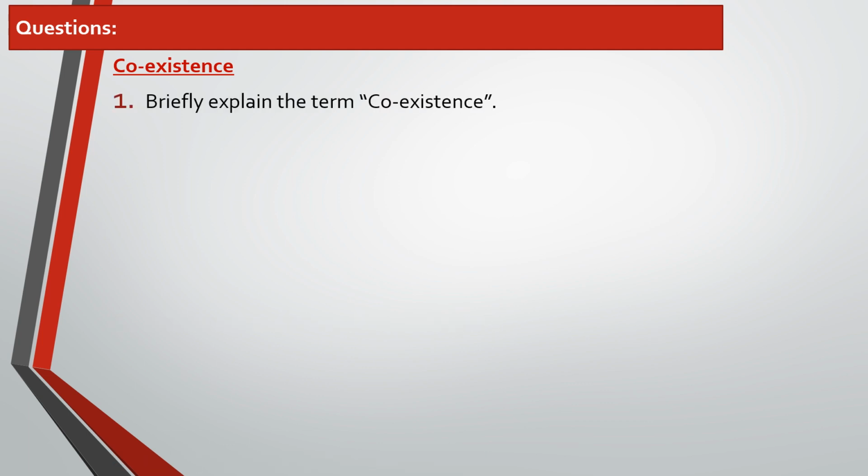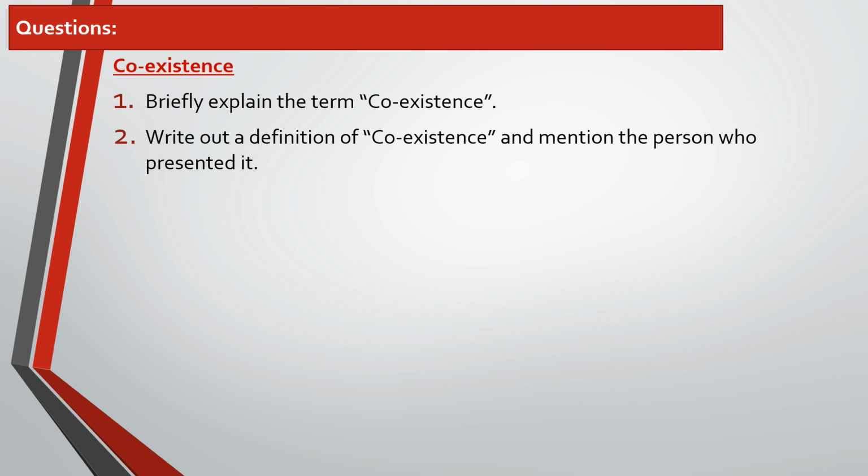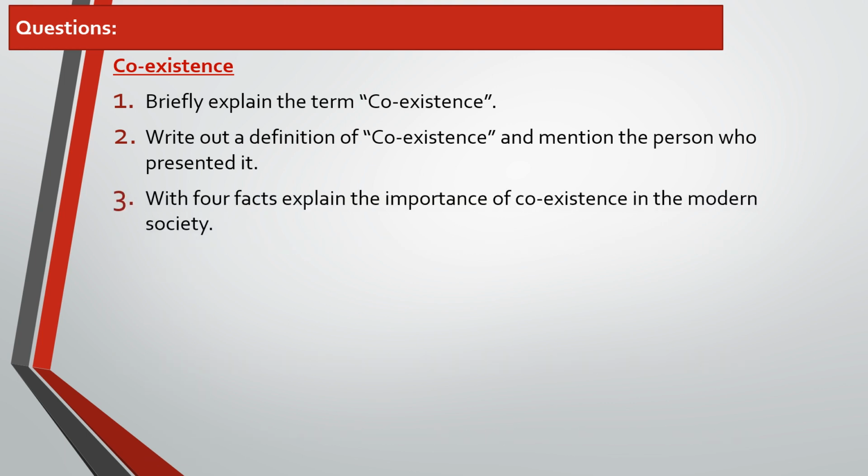So we have completed this lesson and we have come to the question section. You need to put the heading coexistence and you can write the questions one by one. The first one, briefly explain the term coexistence. Second, write out the definition of coexistence and mention the person who presented it. Third question, with 4 facts, explain the importance of coexistence in modern society.